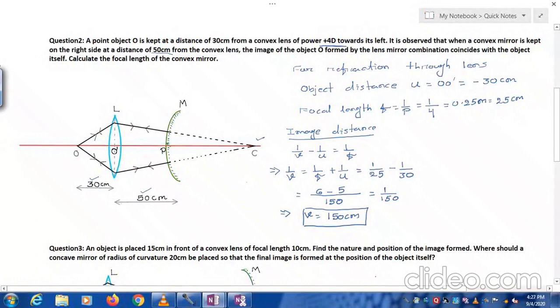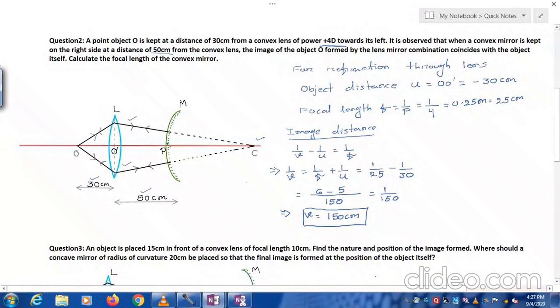That means there must be a normal incidence on this mirror. That means the refracted rays from the lens, these two refracted rays must meet the mirror normally. So after reflection the reflected rays go back over the same path, or retrace their path, and finally meet at the point O.